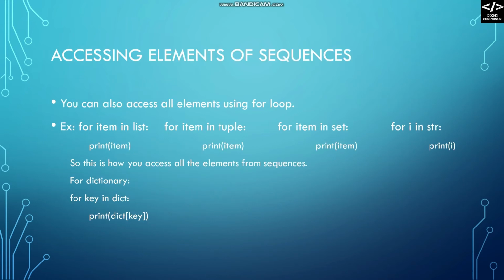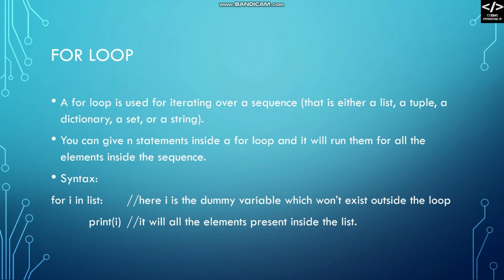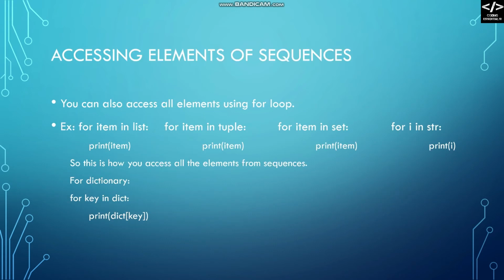Moving on to accessing elements of sequences. So in the syntax I mentioned the list, and it will print all the elements present inside the list. So here I will show you how to access all the elements, starting with list, tuple, set and string. You can also access all the elements using for loop.